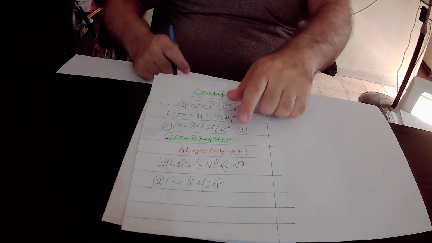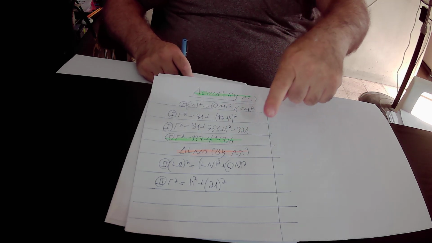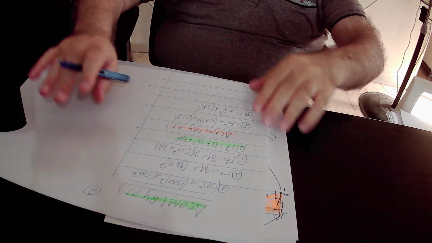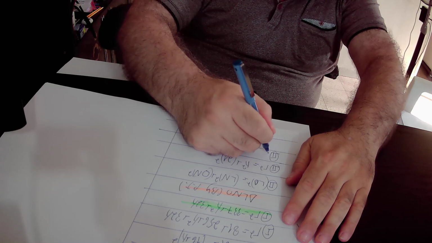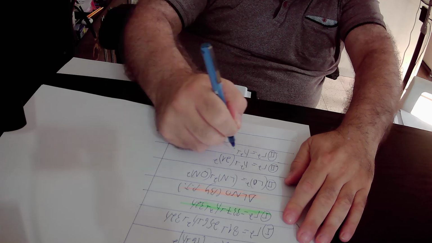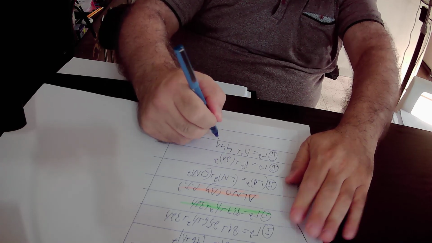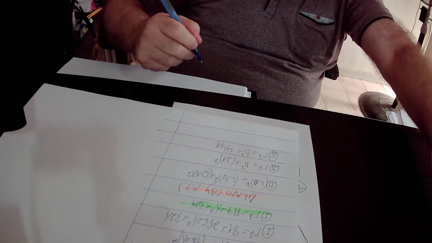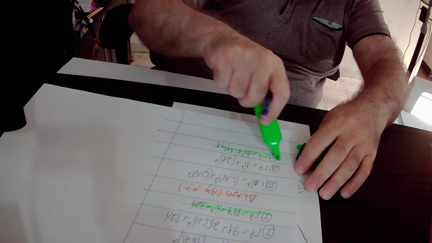In conclusion, we found out that according to equation number 1, r square equals h square plus 21 square. 21 square is 441, so I write it down. So according to equation number 2, we found out that r square equals h square plus 441.